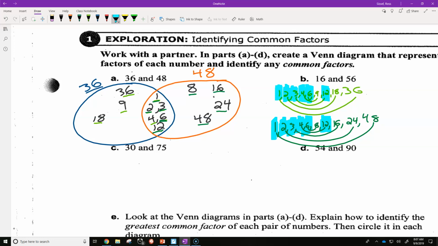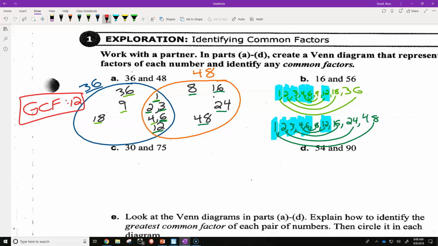What do you think Peanut would go for? He'd be like, okay, I take 12. So when we find our greatest common factor, our GCF, we would say 12 goes into both of them the most.